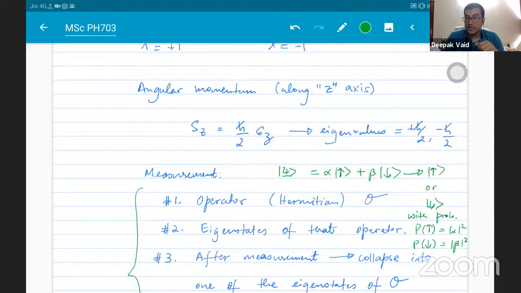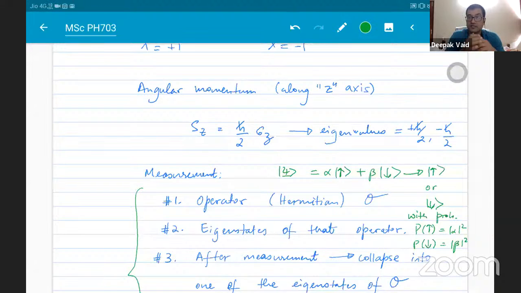Alpha squared times n is the number of times you will get up, or heads, and beta squared times n is the number of times you will get down, or tails. But these are statistical statements.